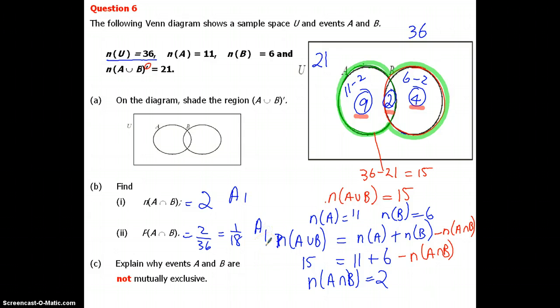Alright, and our last question, explain why events A and B are not mutually exclusive. Well, there's a couple of things that you could say here to get your reasoning mark.